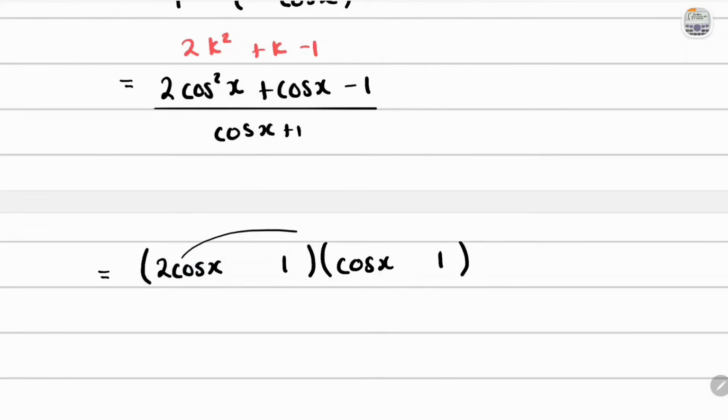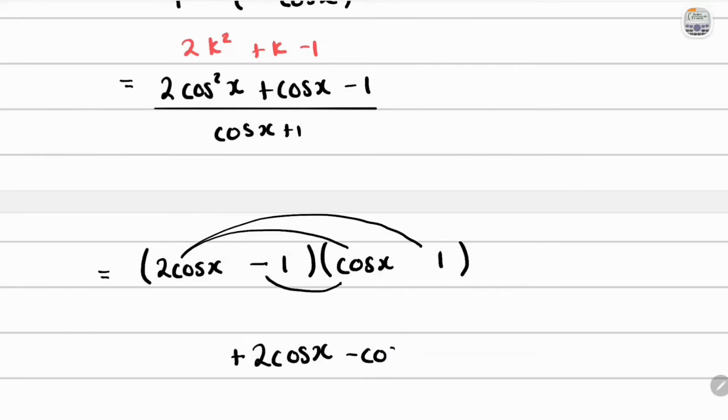When we are foiling out, that becomes the 2 cos squared x. And if you distribute like that, then you're going to have a 2 cos x. Now, should this be positive or negative so that this one remains positive? You should probably leave it positive and then give the negative to this value over here. So you can say negative 1 multiplied by cos x, and that gives you negative cos x. And like that, positive 2 cos x minus cos x is equal to cos x, and that is our middle term.